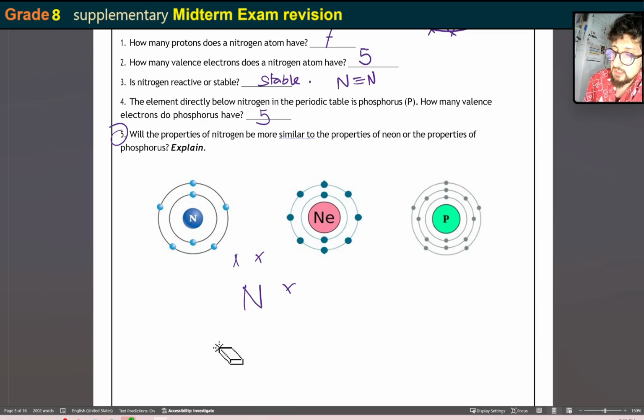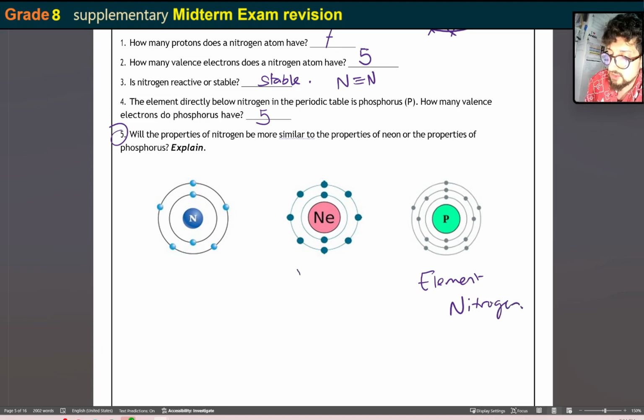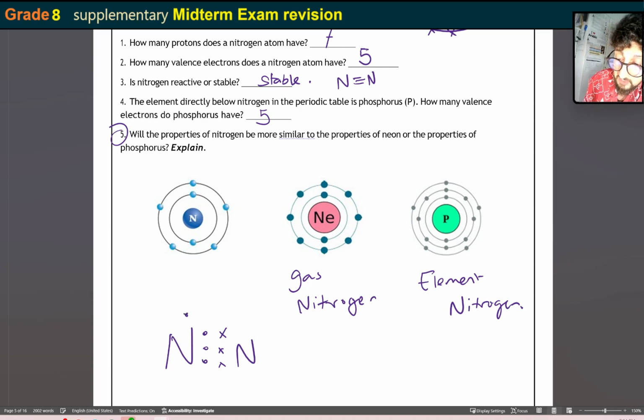So the element nitrogen is like phosphorus. However, the gas nitrogen is a bit like neon. The reason is because the gas nitrogen has a complete outer shell. You see, it shares electrons.